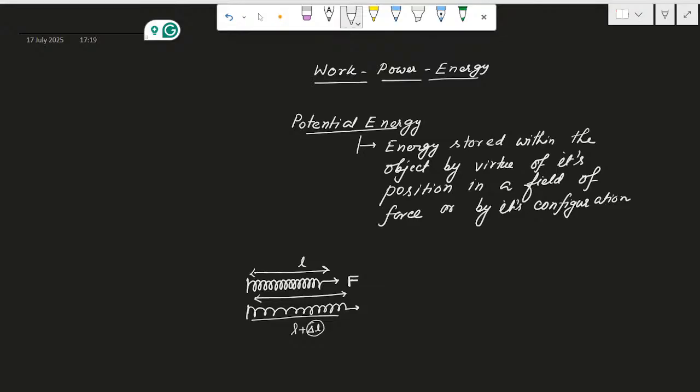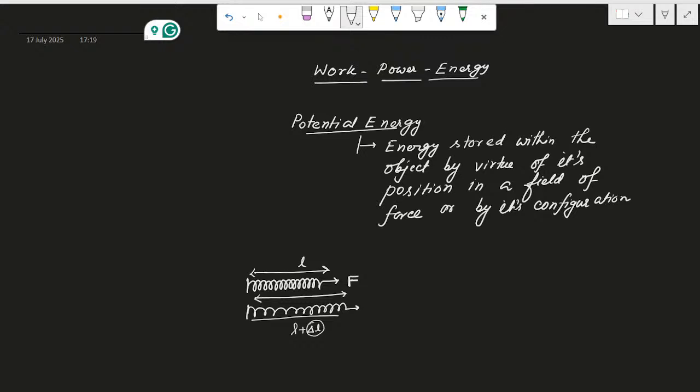Once you stretch it, due to the change of length, the potential energy is already possessed inside the spring, and therefore when you remove the external force, it regains its original shape. To regain its original shape, it must have some energy to come back, so that energy is provided by the potential energy.